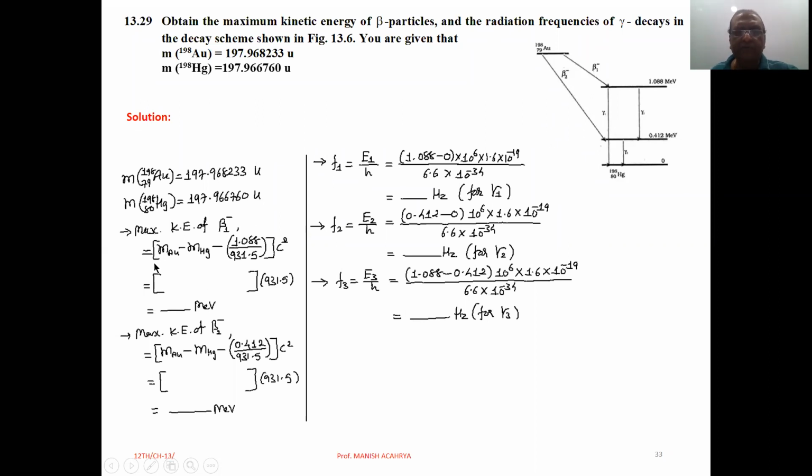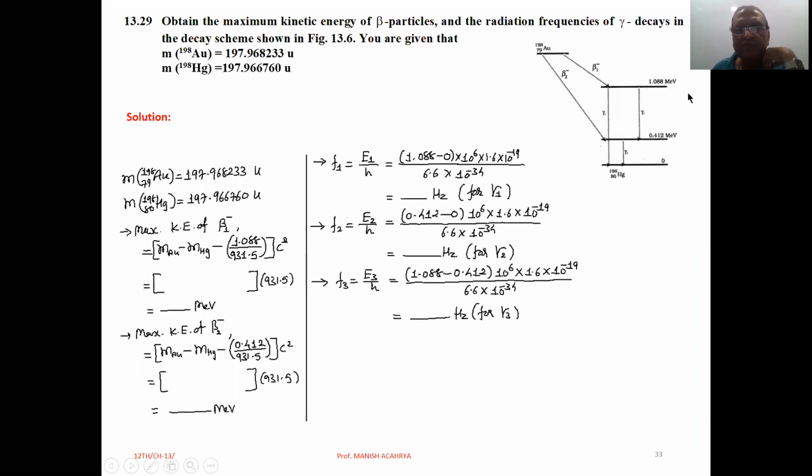Now the maximum kinetic energy of beta 1 minus is the mass of Au minus the mass of Hg, and here 1.088 upon 931.5 into c square.